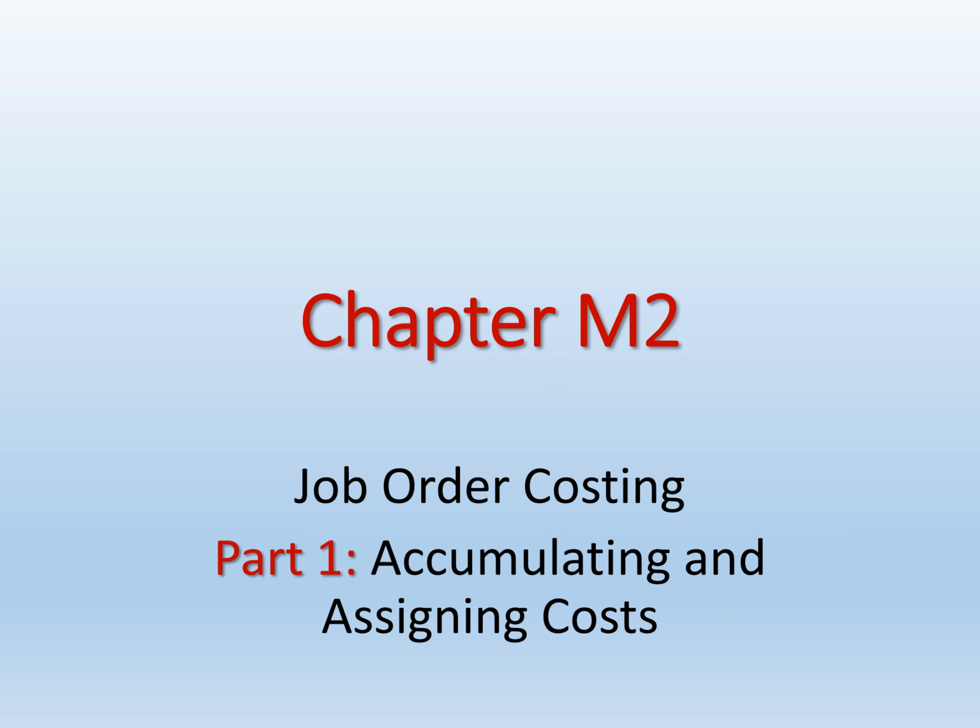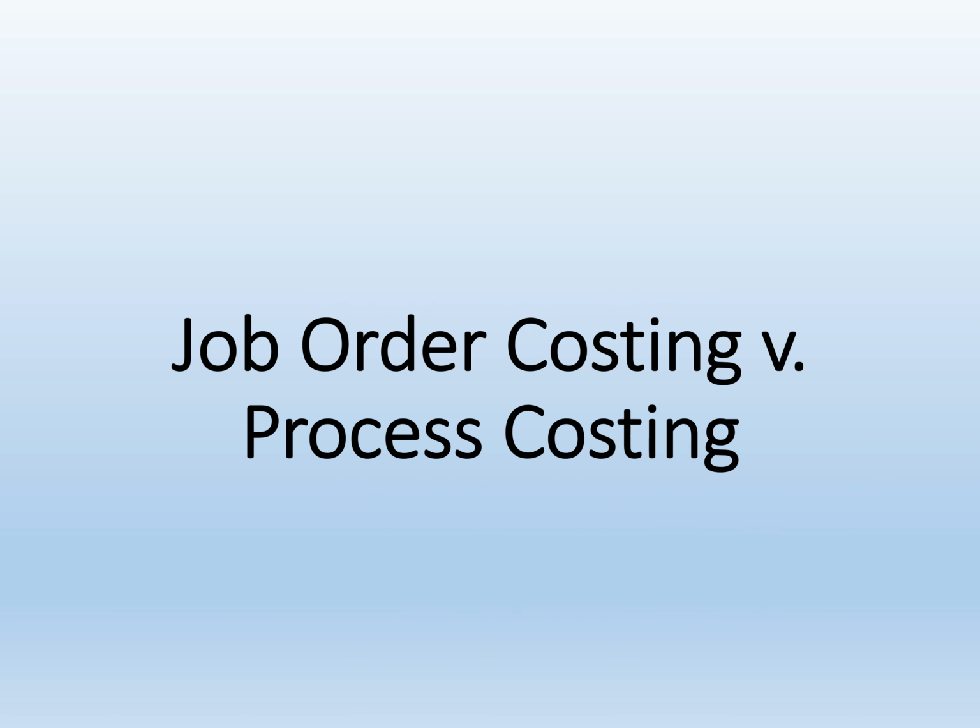In chapters 17 and 18, we're going to look at where the costs came from for manufacturing firms. Most manufacturing firms think of their work either in terms of job order costing or as process costing.